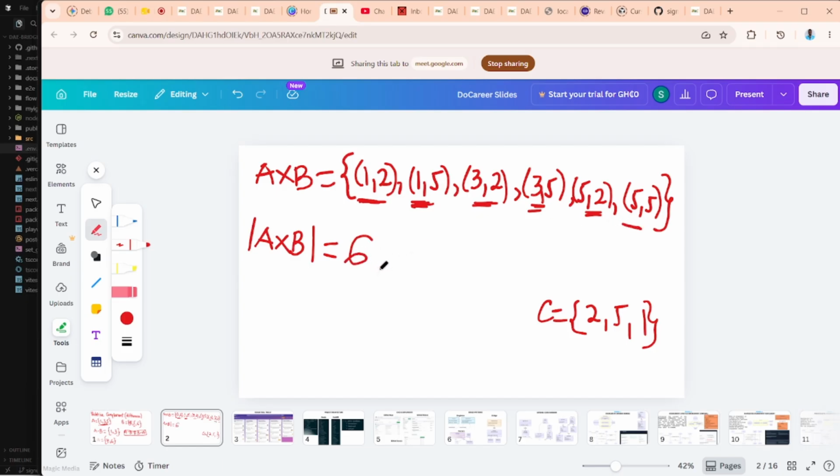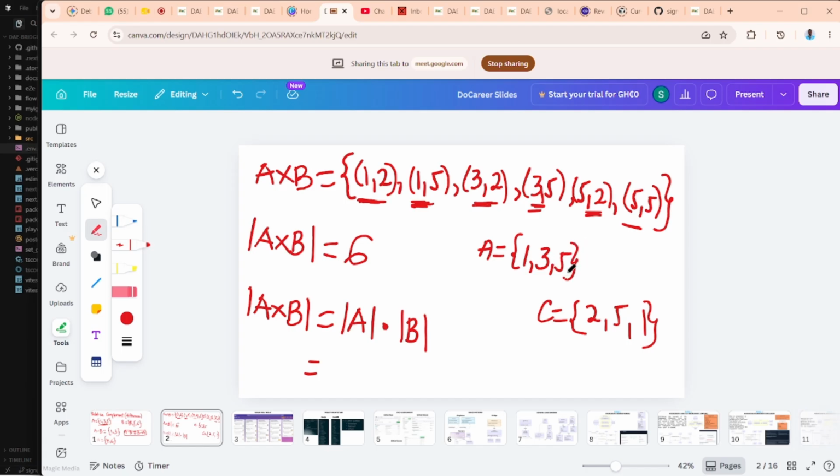And we are saying that if you know the cardinality of each of them, so A cross B, if you want to know this cardinality, it is also equal to the cardinality of A times the cardinality of B. The set A was 1, 3, 5, and B was 2 and 5.